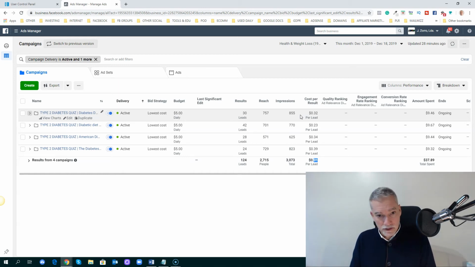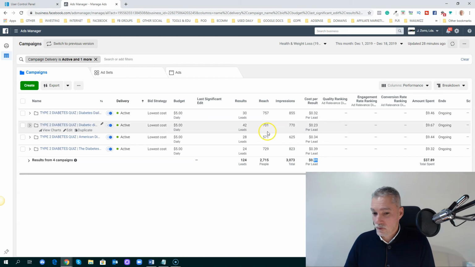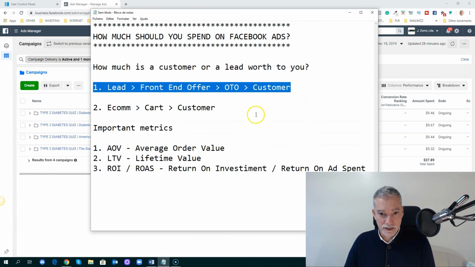Okay, so that's the exercise that you need to do. It's not simple, but you really need to do some math. So just grab your notebook or a piece of paper, a pen, and just try to guess these metrics, because it's always better to do it. If you don't have any idea, you don't really know what to do.